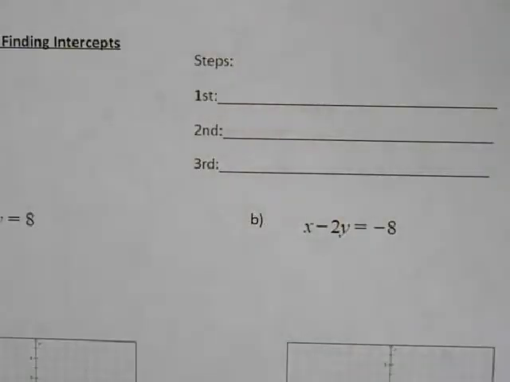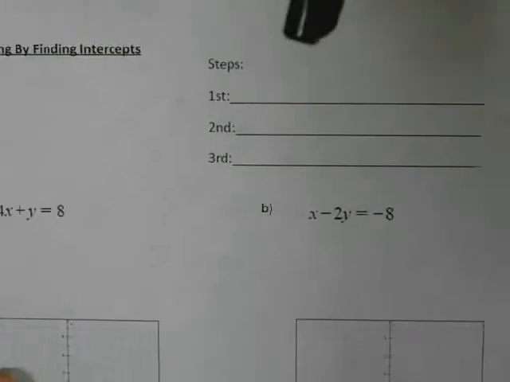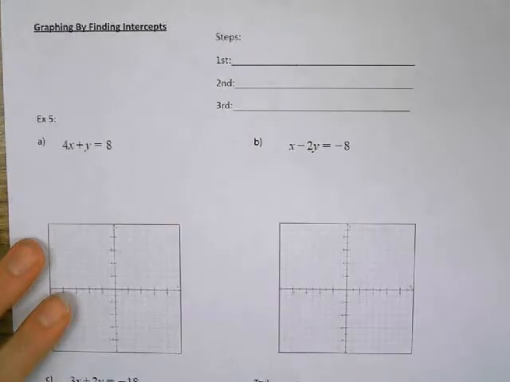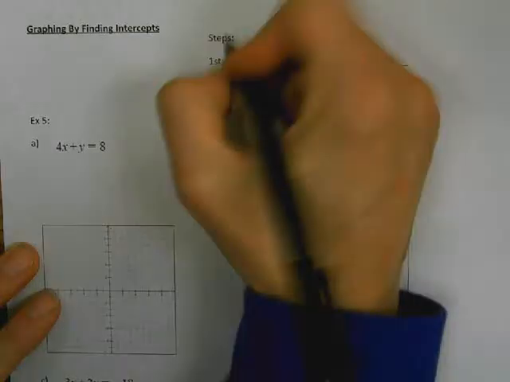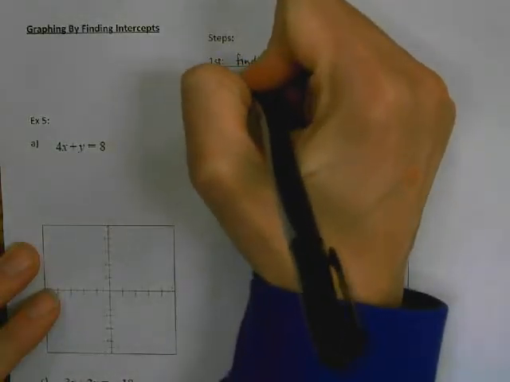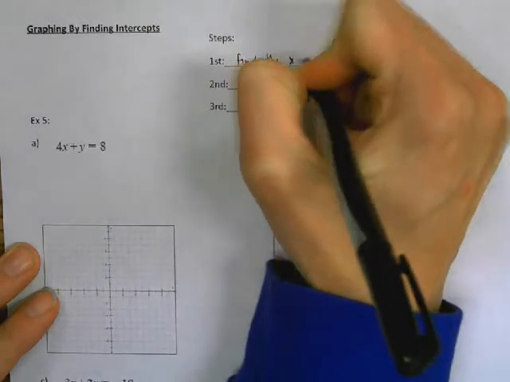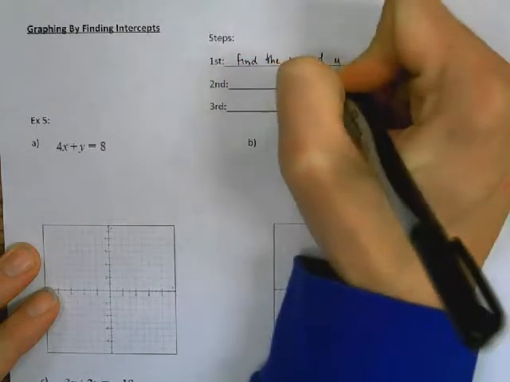So now the last piece of this is kind of putting it all together. And so we'll go over a few of these examples. So now we actually want to graph. Given an equation, we're going to graph by finding the intercepts. So we're just going to follow a quick few steps. The first is to find the x and y intercepts.